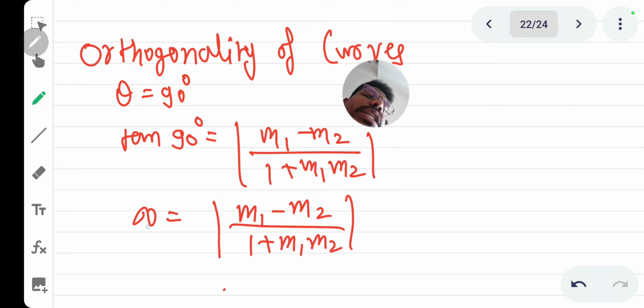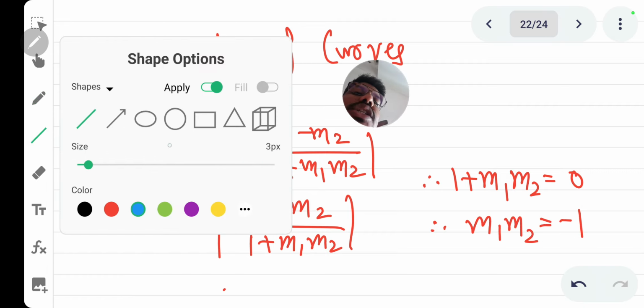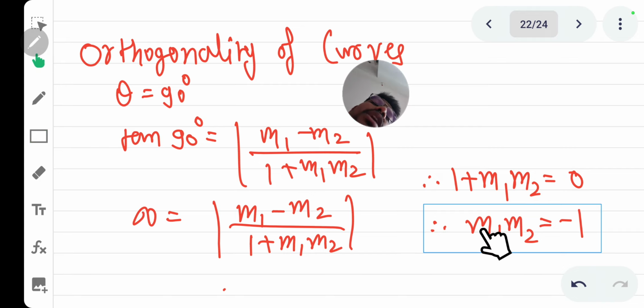Now whenever the answer is infinity, your denominator has to be 0. Therefore 1 plus m1 m2 has to be equal to 0, and that implies m1 m2 has to be equal to minus 1. This is the condition of orthogonality of two curves: you calculate the point of intersection x1 y1, you calculate the particular slopes at x1 y1, m1 and m2, and their product has to be minus 1. So this is the condition for orthogonality of two curves.